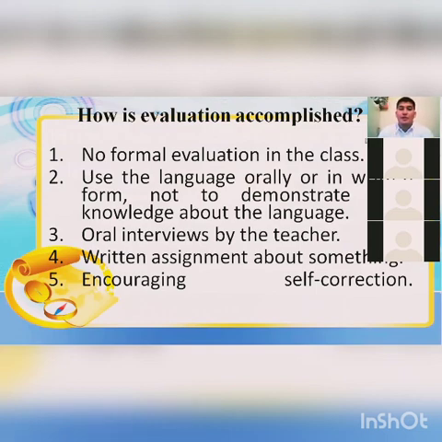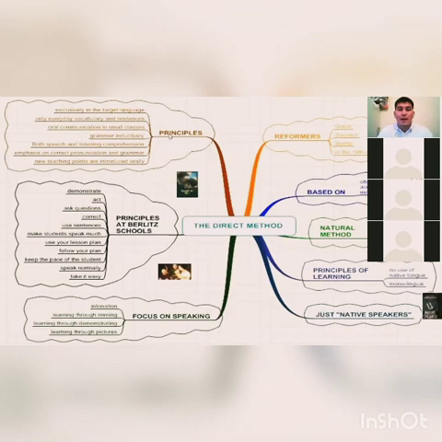And use the language orally, not in written form. Oral interviews by the teacher, written assignment about something, encouraging self-correction, which I have mentioned before, self-correction and peer correction. Here we have the graphic, or the spider web, in other words, of the direct method.